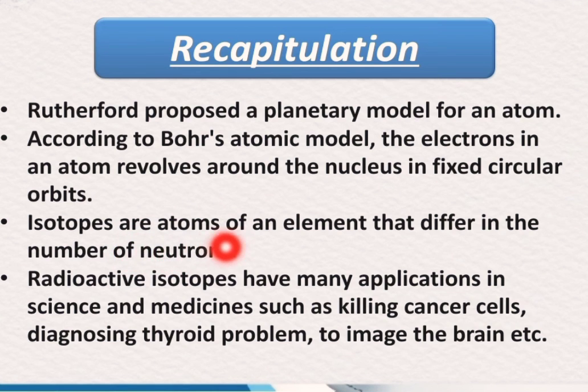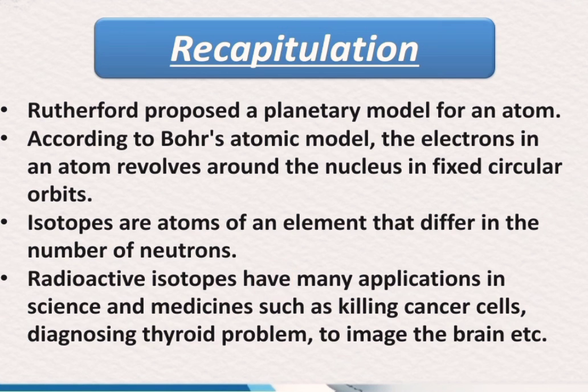Isotopes are atoms of an element that differ in the number of neutrons. Radioactive isotopes have many applications in science and medicine, such as killing cancer cells, diagnosing thyroid problems, imaging the brain, etc.